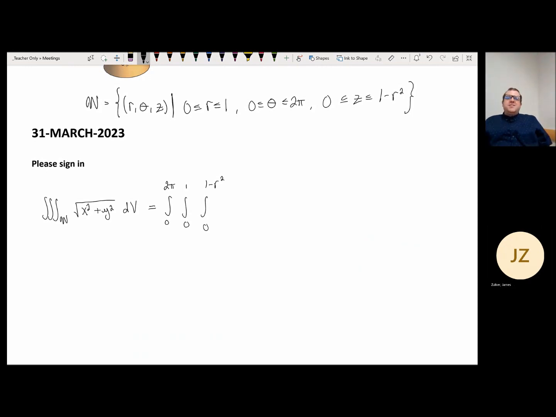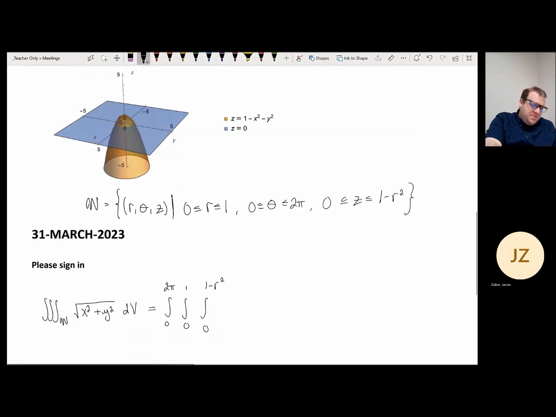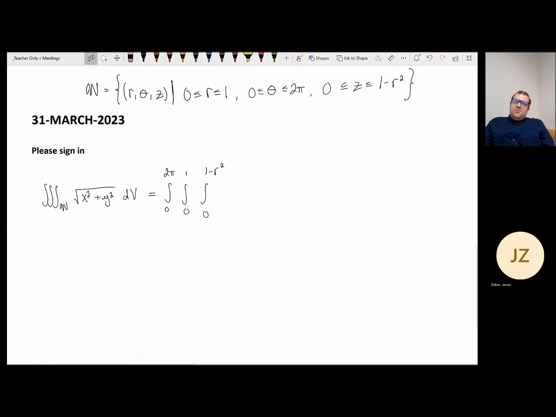Now we need to write the integrand in cylindrical coordinates. It's already there. Square root of x squared plus y squared in cylindrical is what? It's just r. We now need to convert the volume differential into cylindrical.